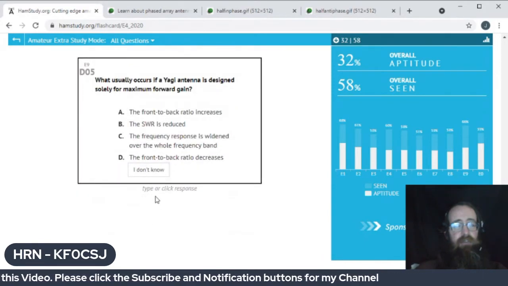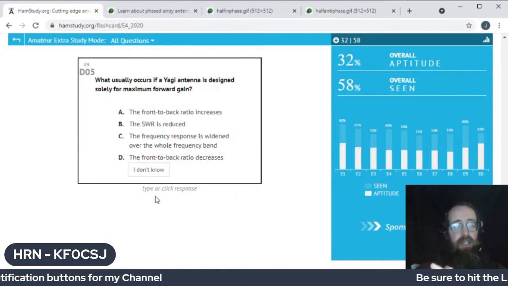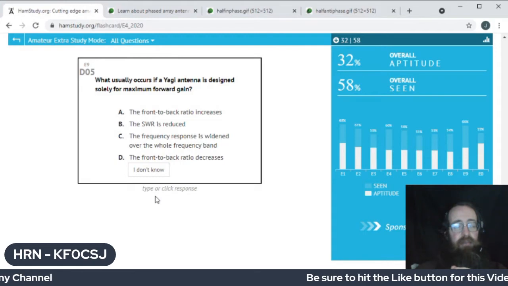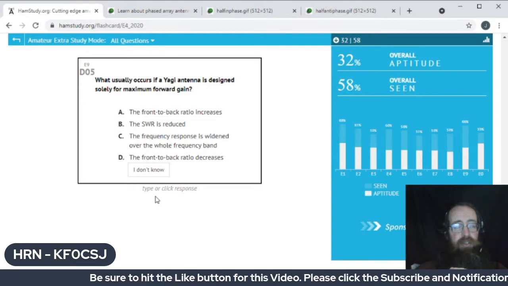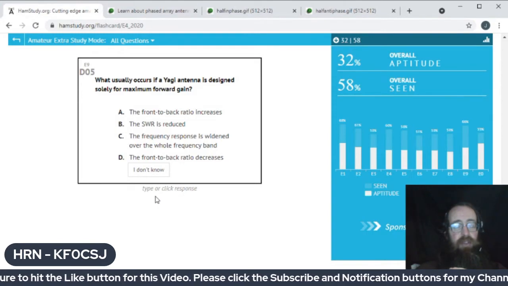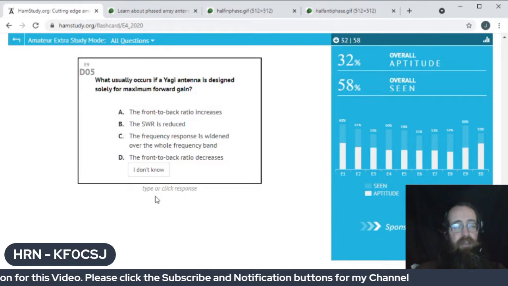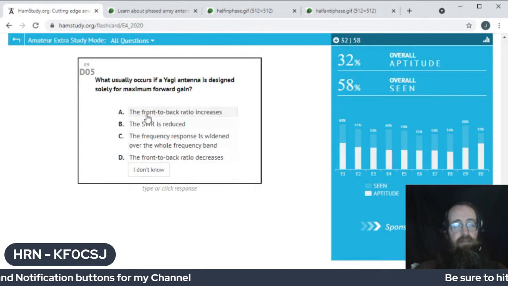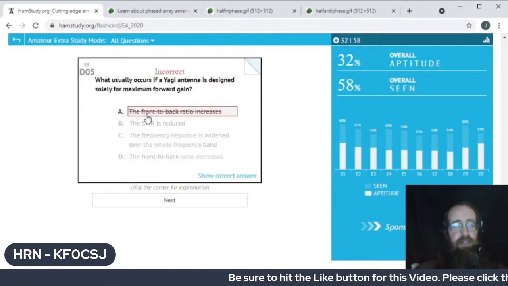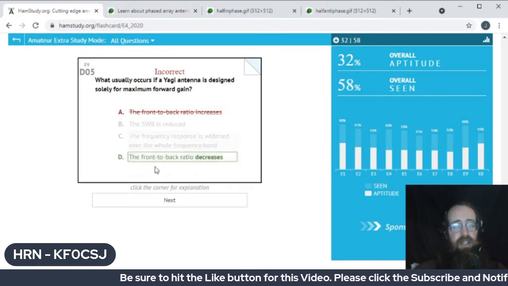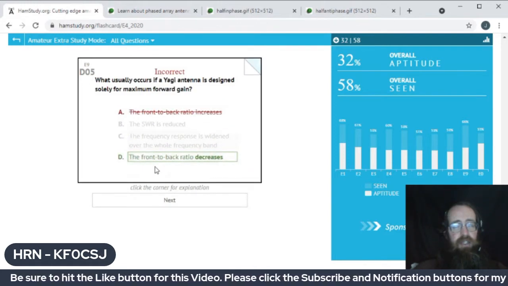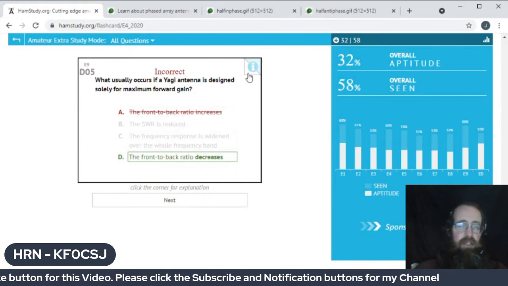Which usually occurs if a Yagi antenna is designed solely for maximum forward gain? A, the front to back ratio increases. B, SWR is reduced. C, frequency response is widened over the whole frequency band. D, front to back ratio decreases. For a Yagi, when you want forward gain, front to back ratio increases. Okay, it's backwards then.